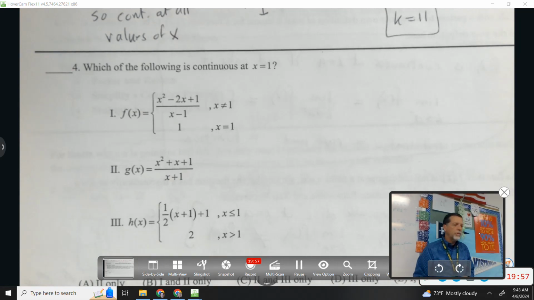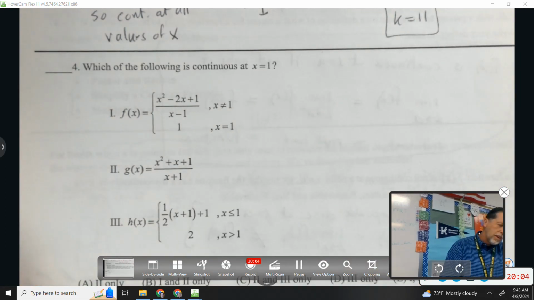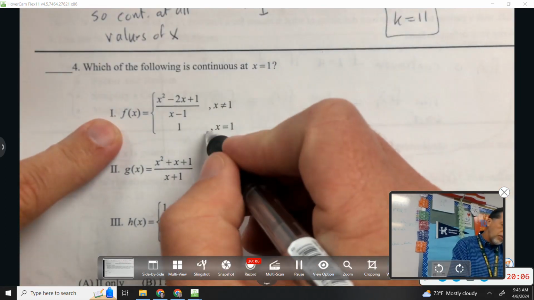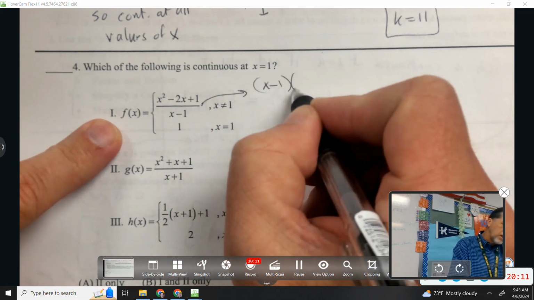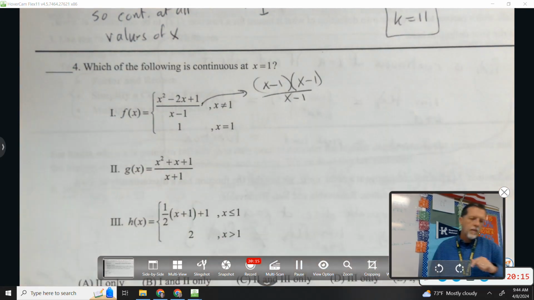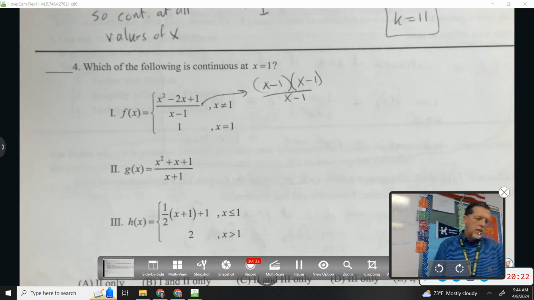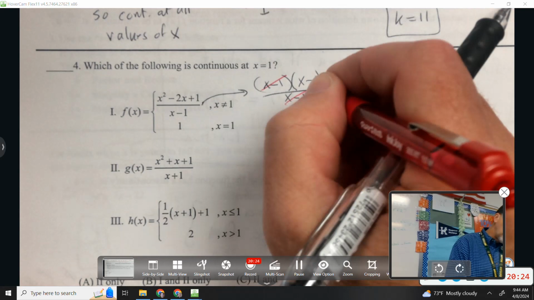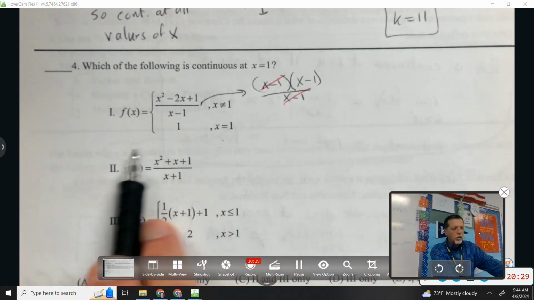Which of the following is continuous at x equals 1? Just 3 problems in one here. For this first one, let's figure out what's going on at x equals 1. There's a hole at x equals 1. Although we don't ever really use 1, we'll fill in the hole with this other piece.